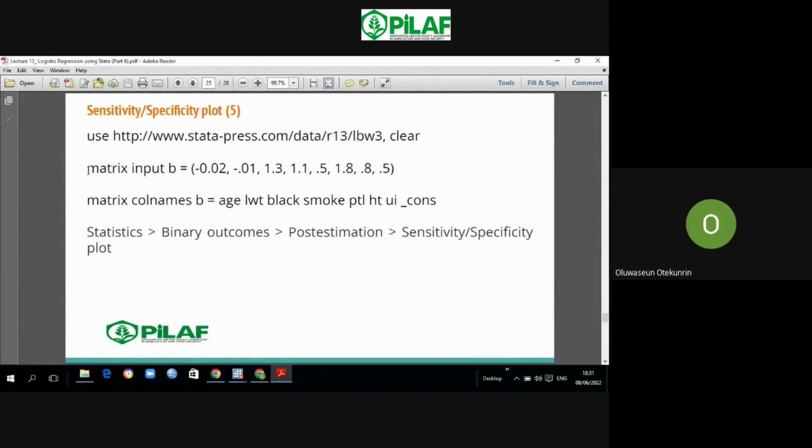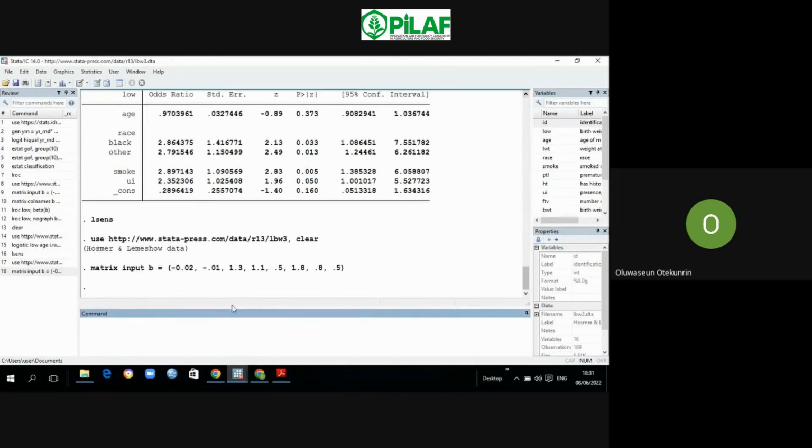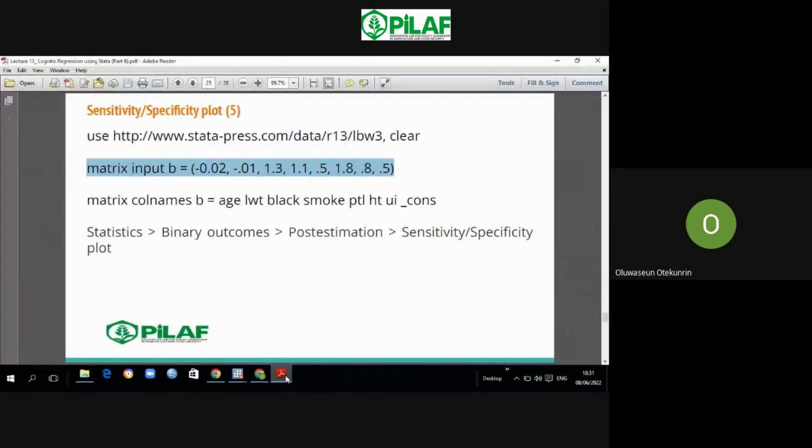Okay, you have not done that. Make sure you are online. Yes, ma'am. Okay. Copy the next line and paste into the command window. That next line talks about the coefficient from the stated model. Have you been able to do that?